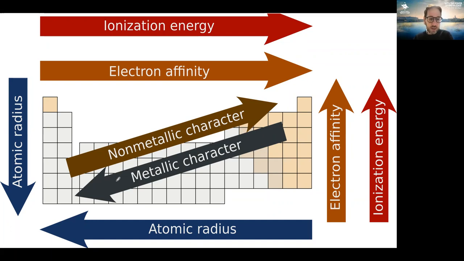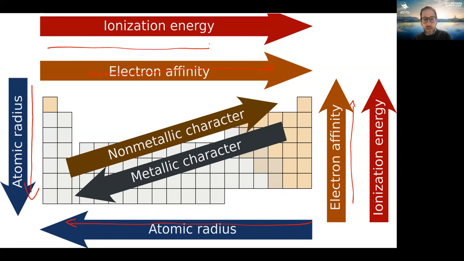So here we can see, for example, the variation on the atomic radius. It increases in these directions from top to bottom and from right to left in the periodic table. Same here, tendencies for electron affinity, tendencies for electronegativity, trends for ionization energy.